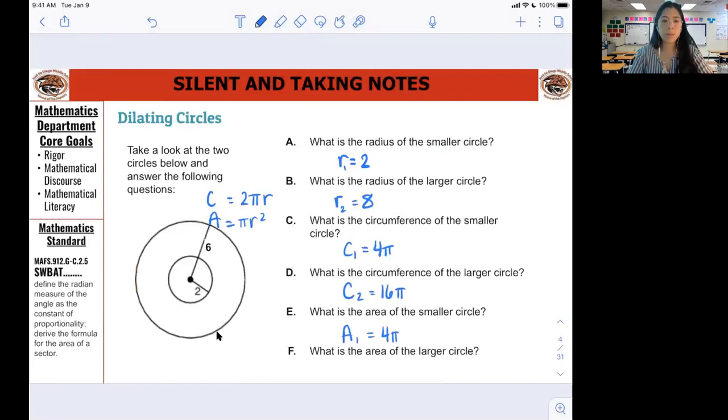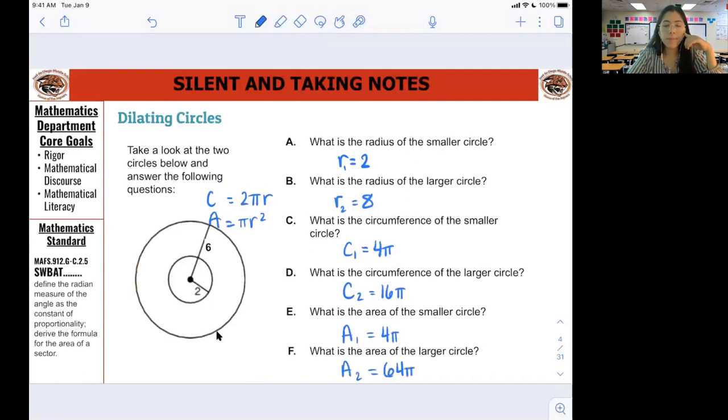So for the small circle, the area is the same as the circumference. But what about for the larger circle? Pi r squared. The radius is 8. What's pi times 8 squared? What's 8 squared? It's 64. So my area is 64 pi.